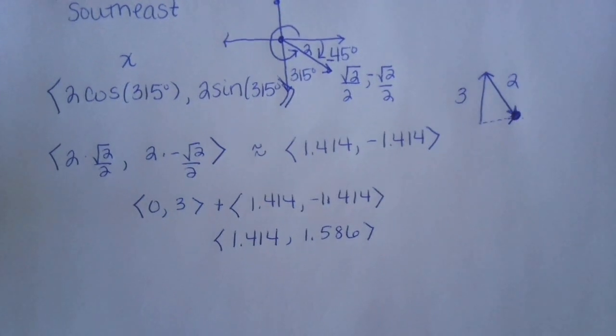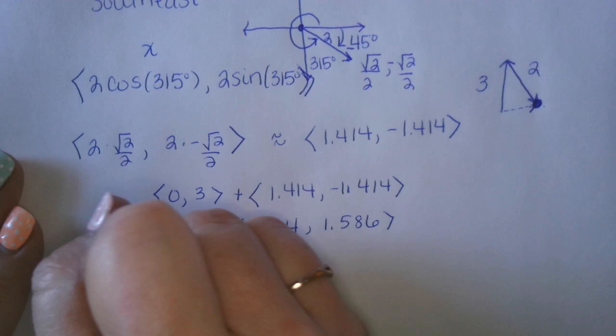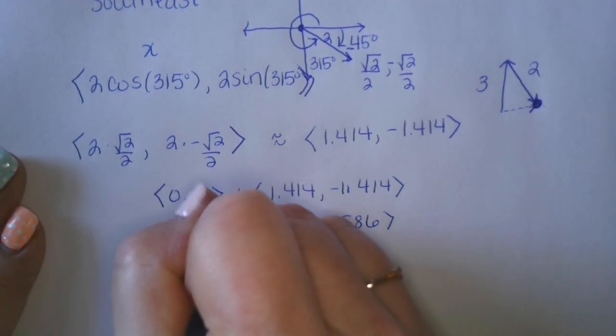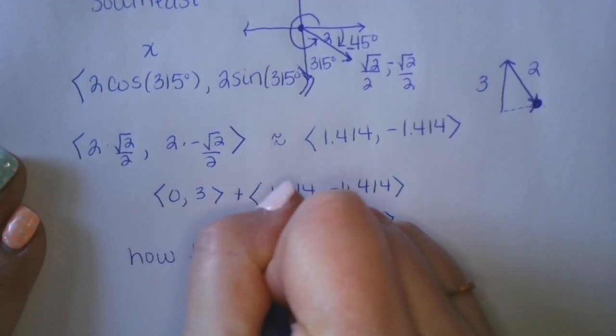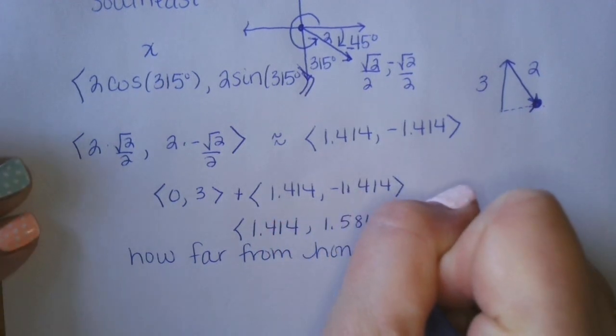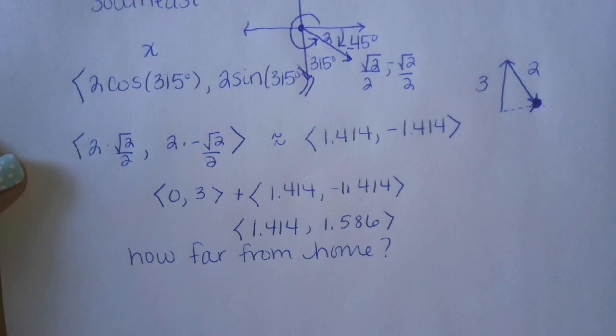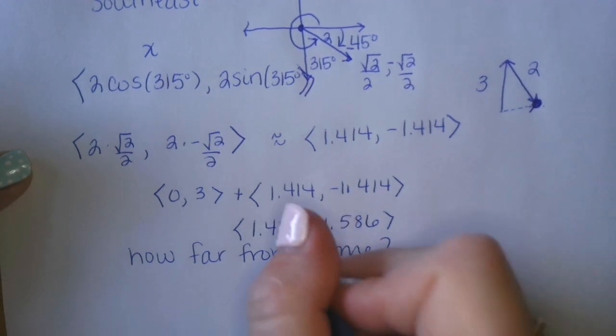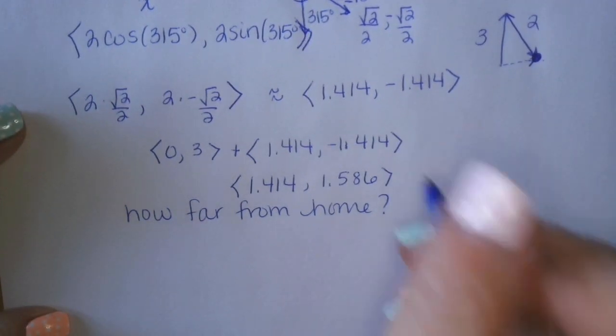So then the question is, well, how far from home are we? I know that I can find the length of this, we know that this is x and y, using the distance formula.